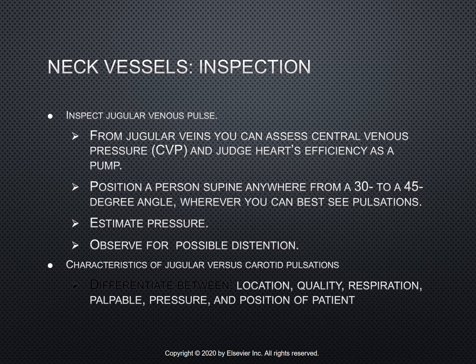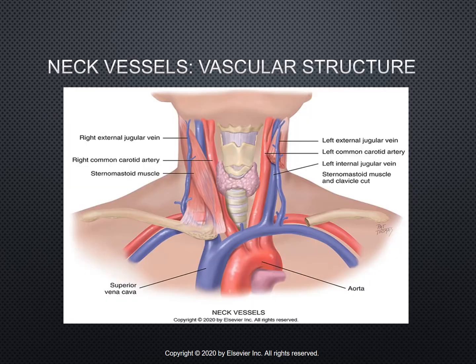So characteristics of jugular vein versus carotid pulsations: you want to differentiate between the location, the quality, the respiration, palpable pressure, and position of patient. We'll discuss it a little further, okay? So here is the picture.